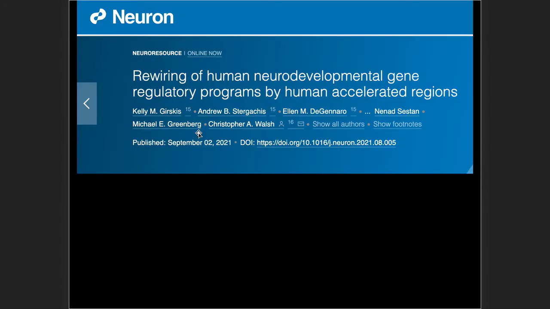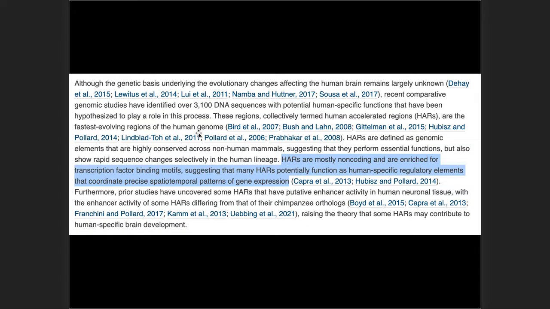Okay, so that gives you an idea of what these HARs look like, but it gets worse here. And let's go back to our paper here that we looked at, that came out recently, looked at last time. I want to show you this one passage here where they explain what exactly these HARs regions are. Now, in the DNA, some of the regions code for proteins, and they're a small fraction, and those are called coding regions.